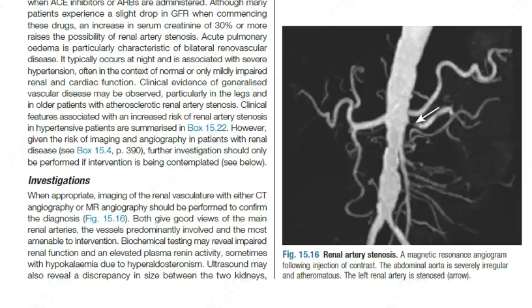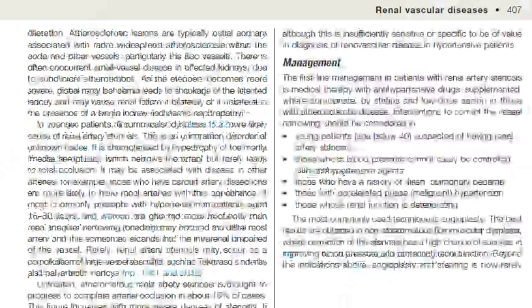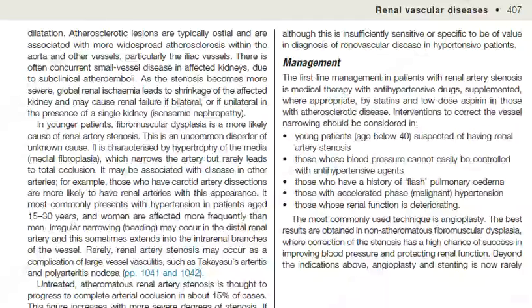Biochemical testing may reveal impaired renal function and an elevated plasma renin activity, sometimes with hypokalemia due to hyperaldosteronism. Ultrasound may also reveal a discrepancy in size between the two kidneys, although this is insufficiently sensitive or specific to be of value in diagnosis of renovascular disease in hypertensive patients.